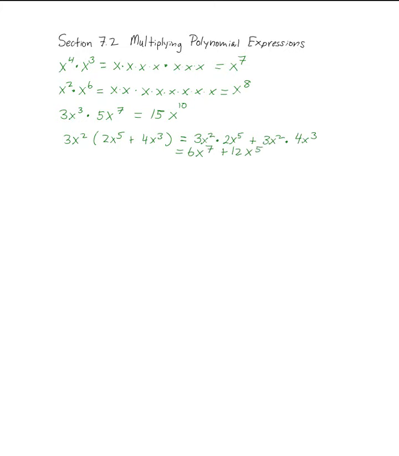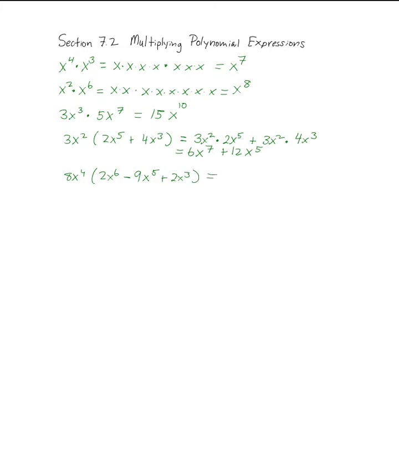Okay, now that middle step that I put in there, I would consider that optional. Let's say I gave you 8x to the 4th, and I wanted to multiply by 2x to the 6th minus 9x to the 5th plus 2x cubed.